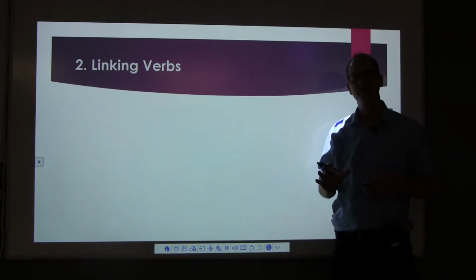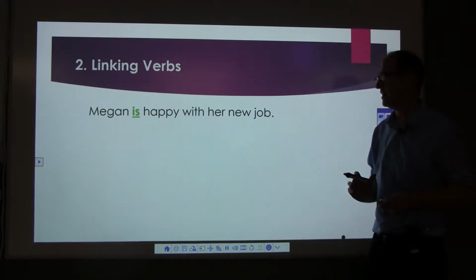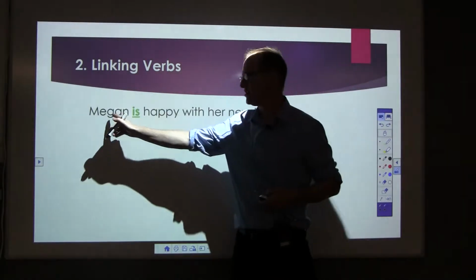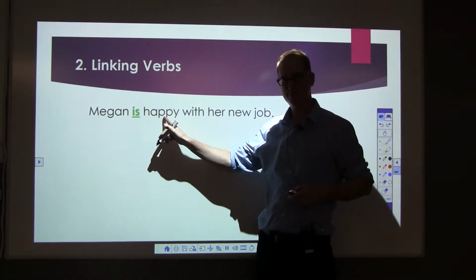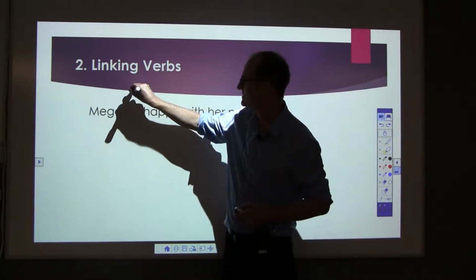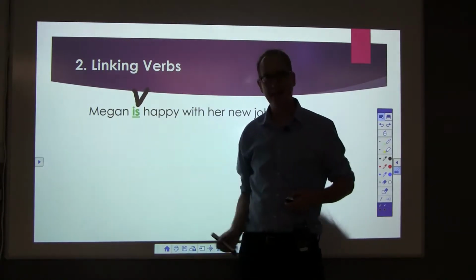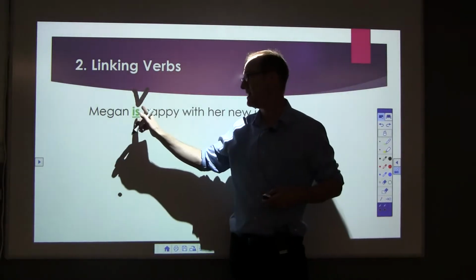A little bit more difficult to find are the linking verbs. What a linking verb does is join the subject of the sentence with a word that describes it, okay, a modifier. So in this case, the linking verb is. We have a subject, Megan, and Megan is happy. A word that describes Megan is happy.